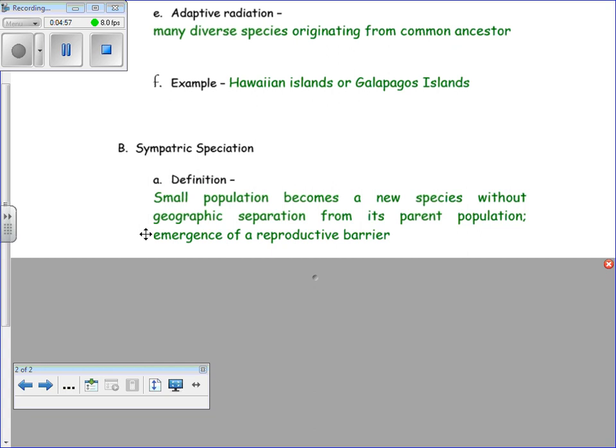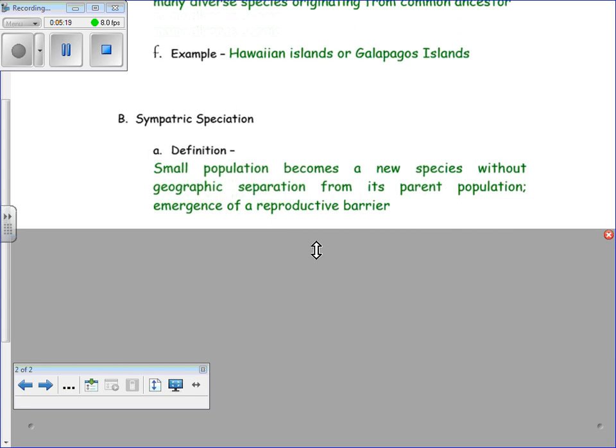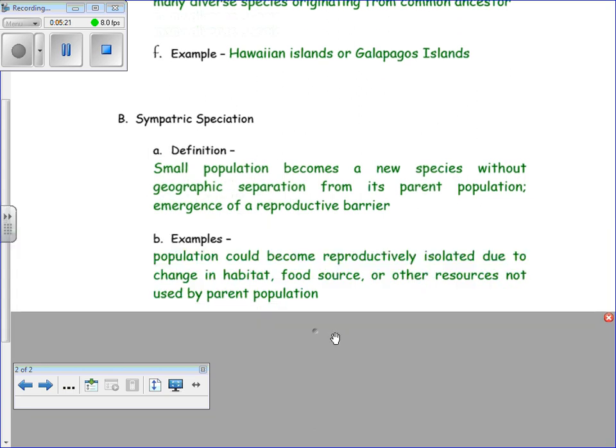This is pretty common in plants. There is a species of frogs that it has happened with, but the polyploid example is not very common. Something else that might happen is they might start to reproduce at different times of the year or different seasons. Another sympatric speciation example might be different habitats within the same geographic area.